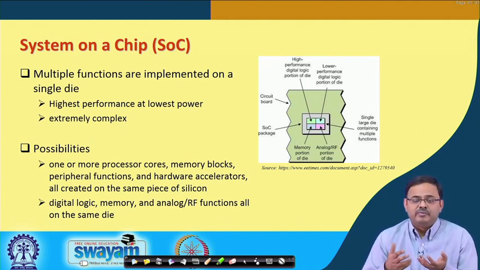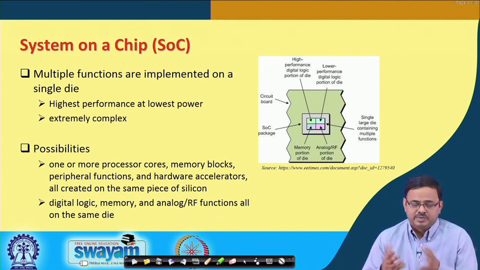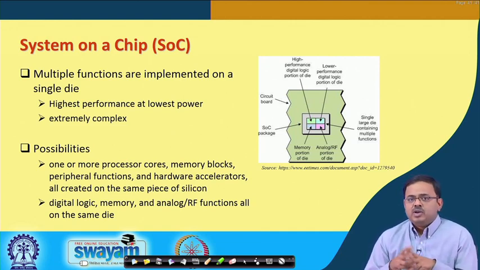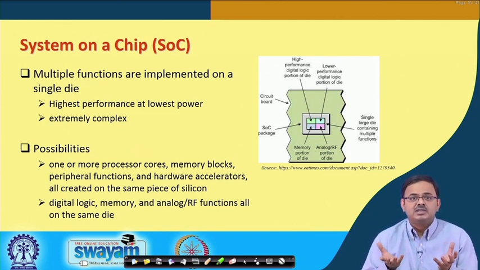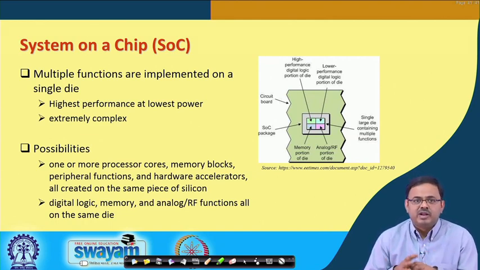Now, what is a system on a chip, and what is meant by multiple functions implemented on a single die? That can vary depending on who you talk to, especially in the electrical domain. People will say various possibilities. One or more processor cores, memory blocks, other functions, hardware accelerators, all created on the single piece of silicon. Some people will say this is system on a chip: you have processor, memory, storage, some other functions, maybe a little bit of graphics and a variety of stuff.